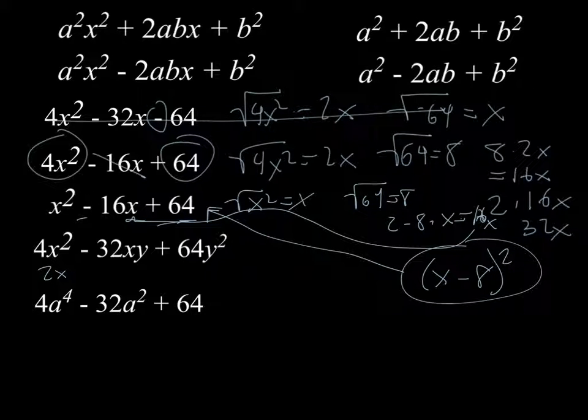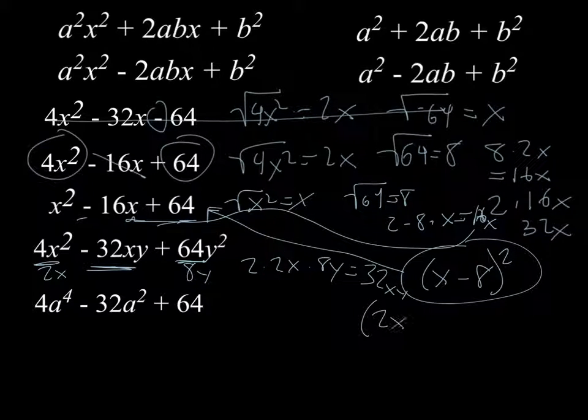The square root of 64y squared is going to give you 8y. 2 times 2x times 8y is going to give you 32xy, which is the middle term here. So this is negative 2 times the square root of this term and the square root of this term, which means we can factor this one, and we're going to end up getting the square root of the first term minus the square root of the last term, squared.